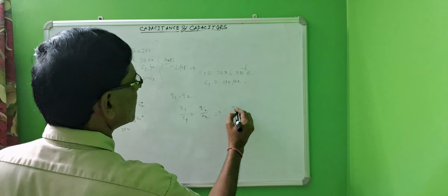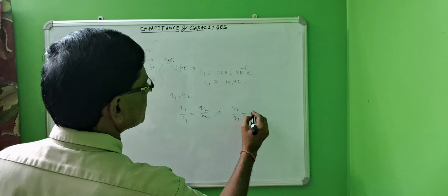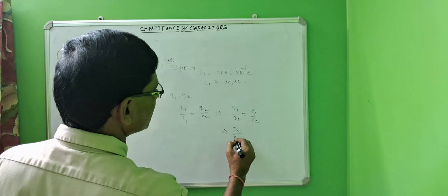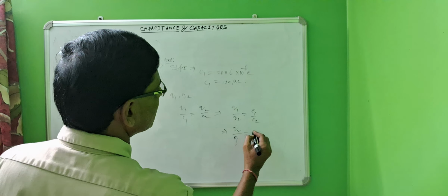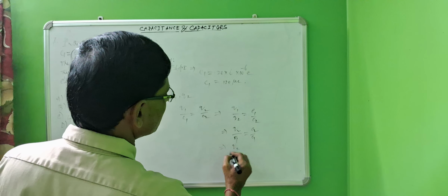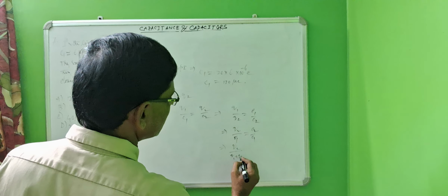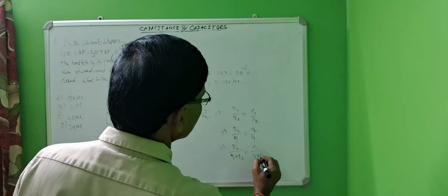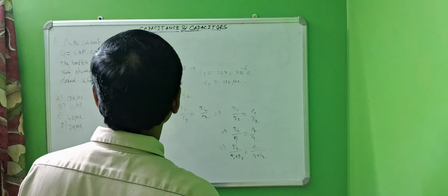So Q1 upon Q2 equals C1 upon C2, which implies Q2 upon Q1 plus Q2 equals C2 upon C1 plus C2.